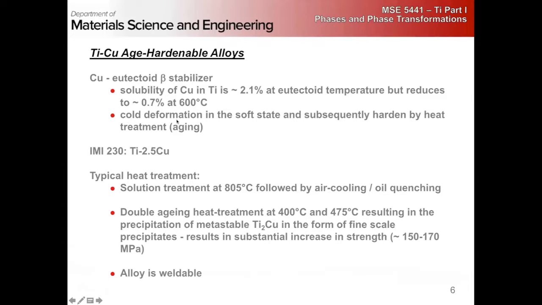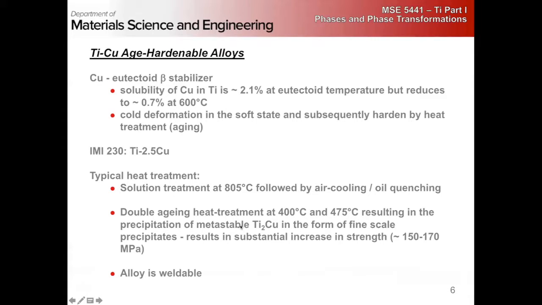So you've got a regime where you can do cold deformation in the soft state and then go up to temperature. You can dissolve copper in, quench it in, cold deform it while it's soft, bring it up, and precipitate out copper, very much like processing aluminum alloys.